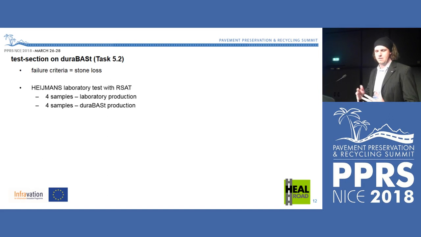It's like a laboratory-scaled unit where a wheel is moving over a surface, and it's very bad for the surface and loses the stones. Therefore, Heymans produced 4 slabs for this laboratory production, and then we drilled out cores from Durabust after paving, so that we had the same situation in the lab as outdoors.